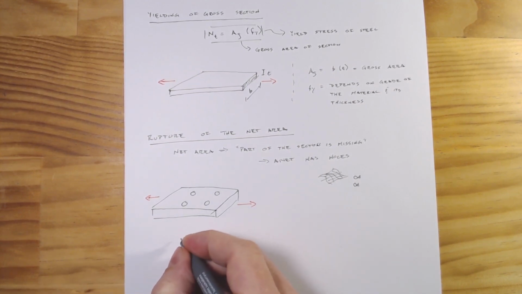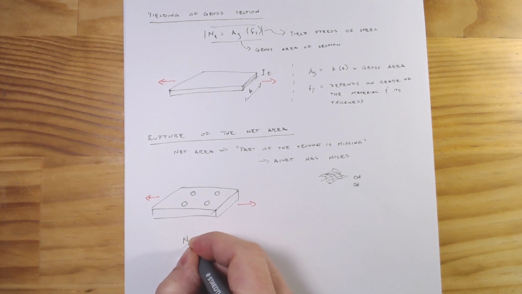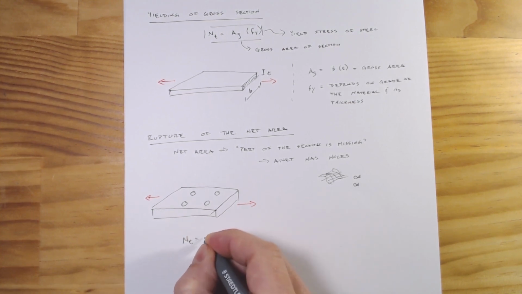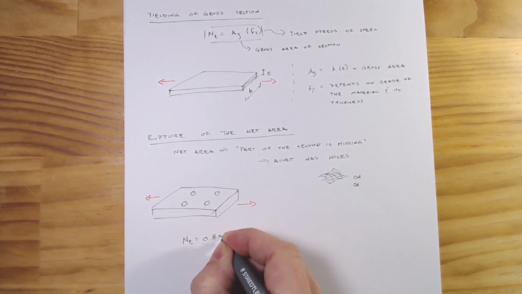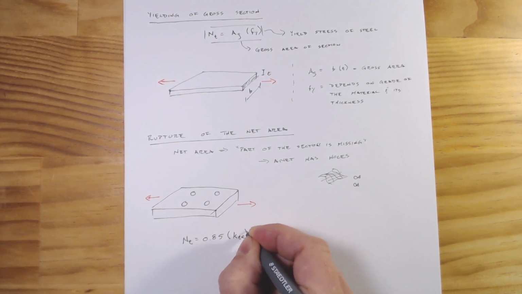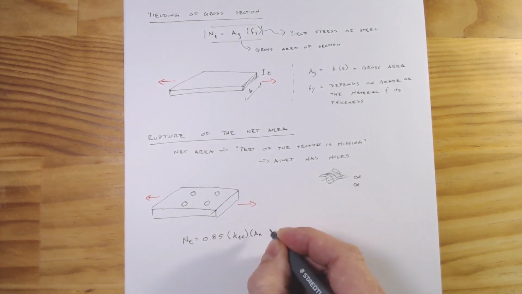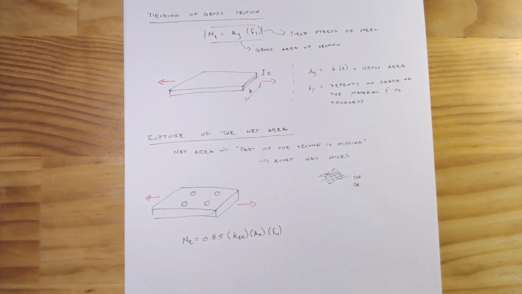So our nominal section capacity for when we're looking at rupture of the net area, N_t, is going to equal 0.85 times k_te times A_n times the ultimate tensile strength.